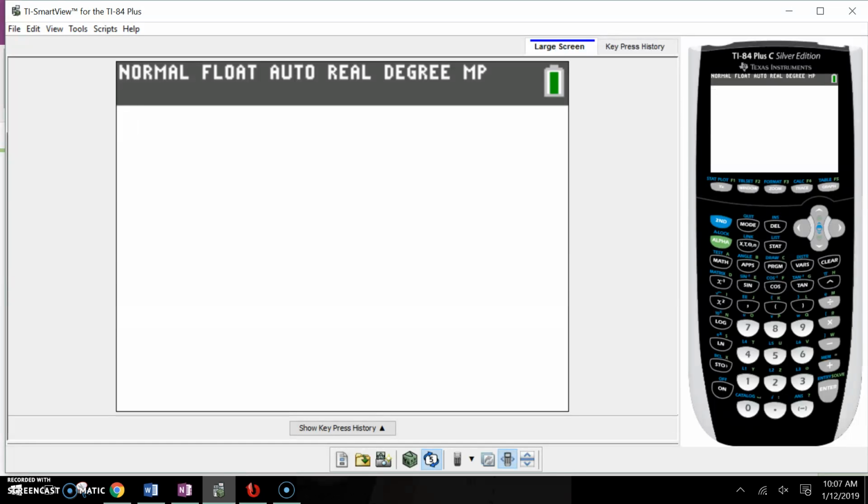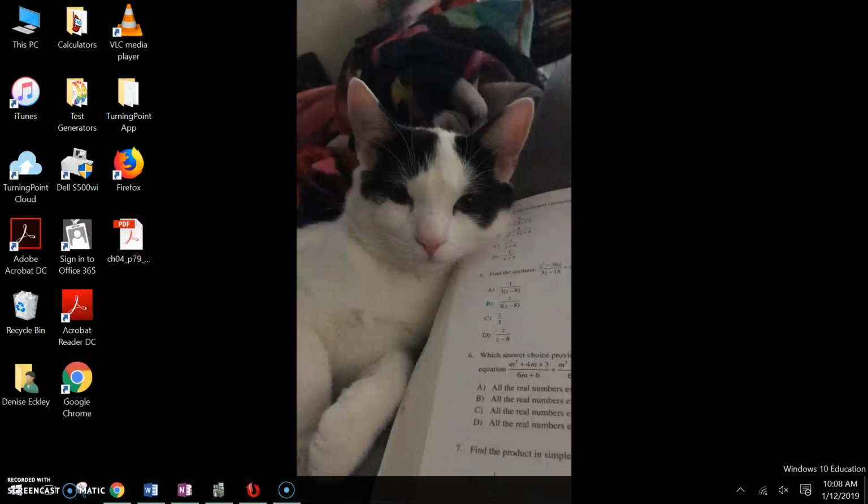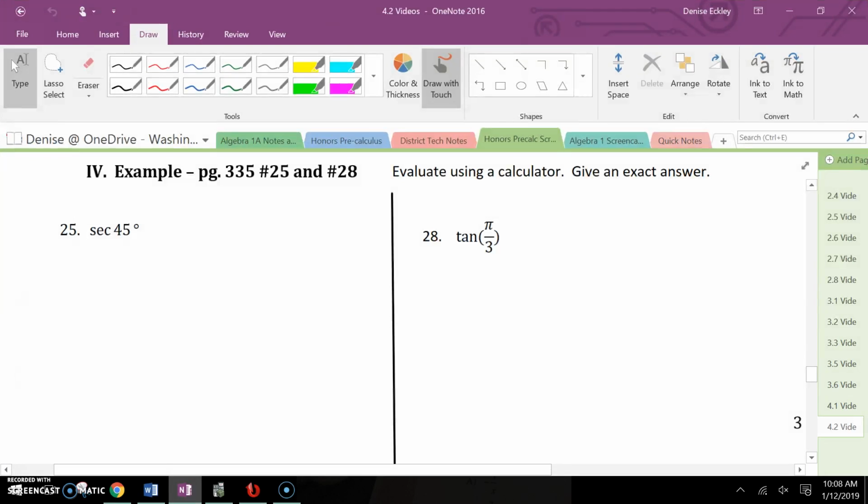So I need secant, which is the reciprocal of cosine. I'm going to start by putting in parentheses, because I want to square it first, getting a value, and then I'll take a square root.